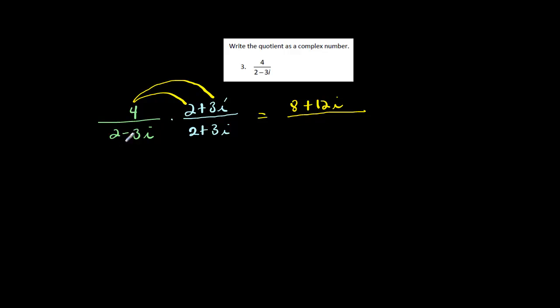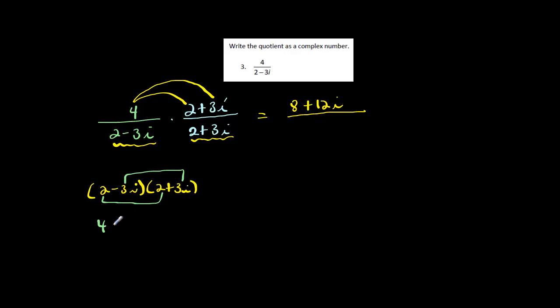For the denominator, we're multiplying two binomials that are conjugates of one another. When you multiply conjugates together, you only have to do F and L in FOIL. So this and this, because the O and I in FOIL cancel. So 2 times 2 is 4.